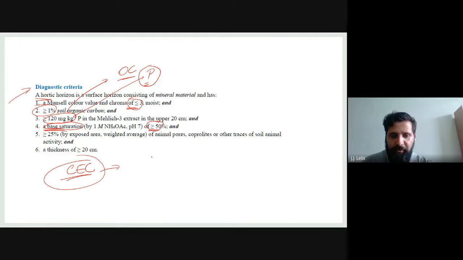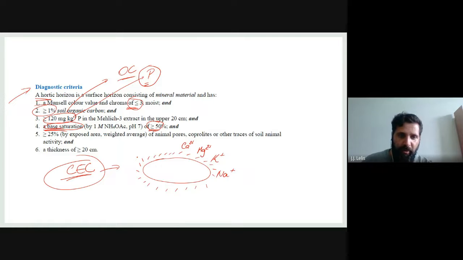And when we think that soil possesses several negative charges, we can discriminate the charges which neutralize some nutrients like calcium, magnesium, potassium, and sodium, and those charges that neutralize some acids like hydrogen and aluminum.